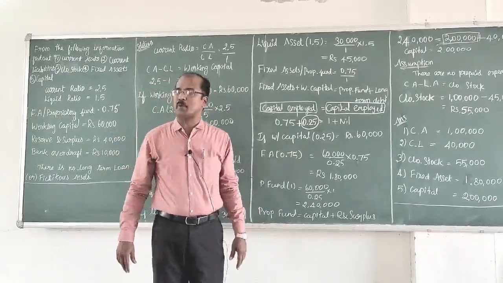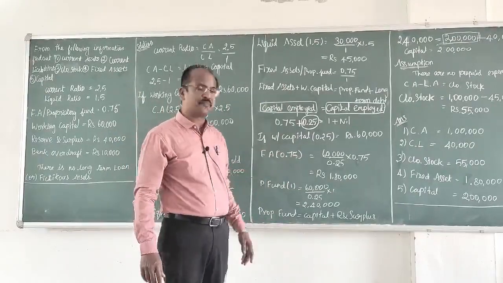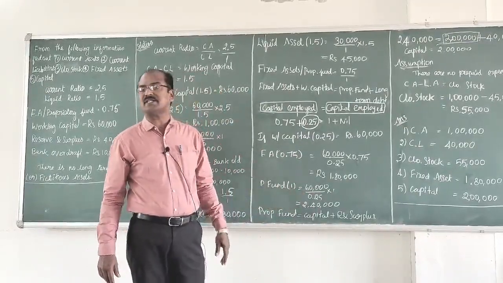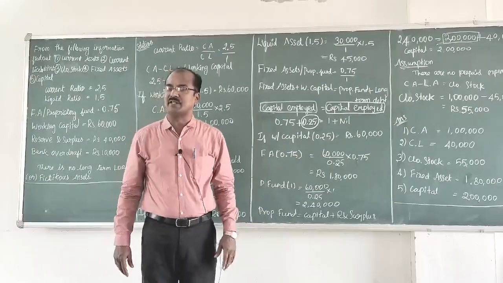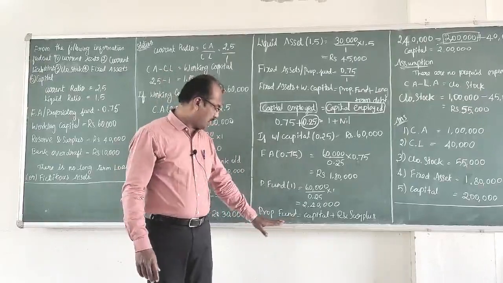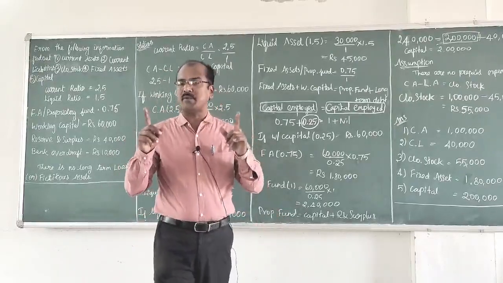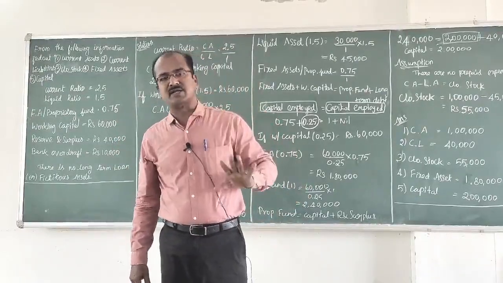Now, what is the value of proprietary fund which is having the weight of 1 according to this particular ratio? So, proprietary fund 1 is equal to 60,000 divided by 0.25 into 1, which is 2,40,000 rupees. Now, proprietary fund includes two elements basically. What are the two elements? Capital and reserves and surplus.